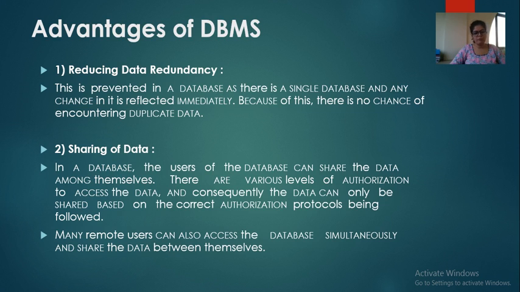For example, we have maintained the record of a student by using the traditional file system, and we have stored the record of a student in multiple files. Let's suppose we are working in a college, and we have one teaching department, one administration department, and another department which is related to financial transactions, like the fees department.